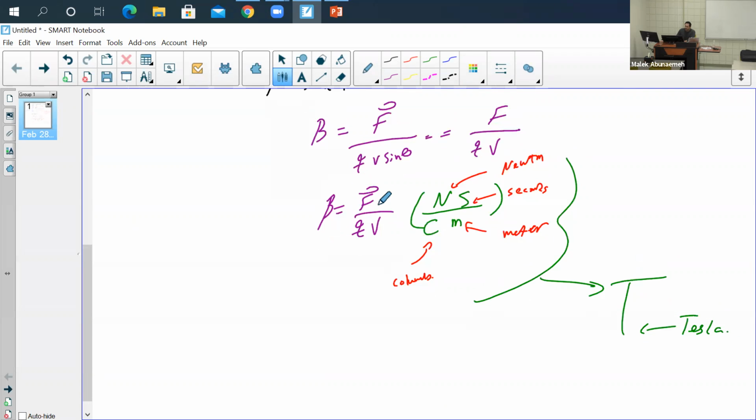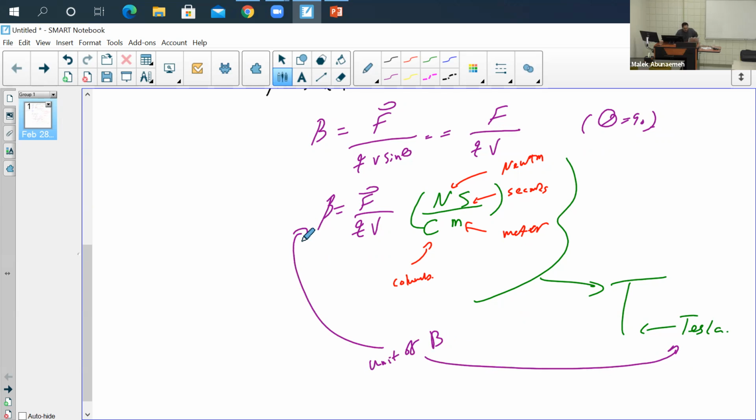So your magnetic field again is your force divided by QV sine of the angle between them, when the angle is 90 degrees. And so this is going to be called the tesla, which is the unit of the magnetic field beta.